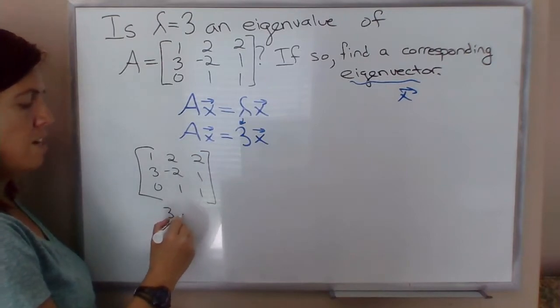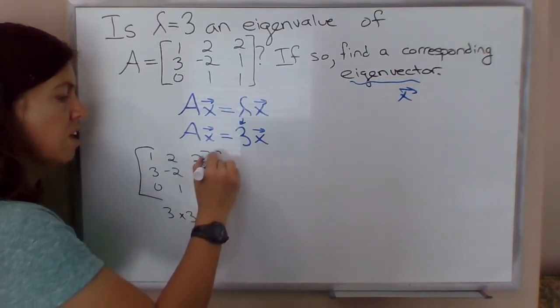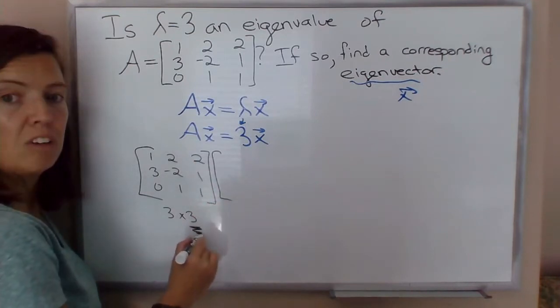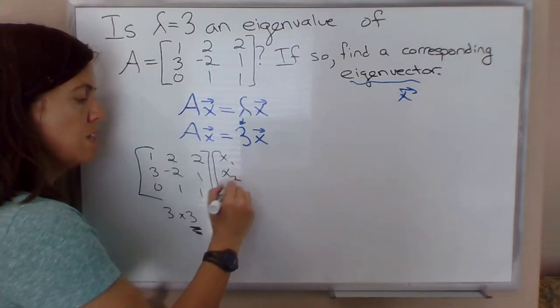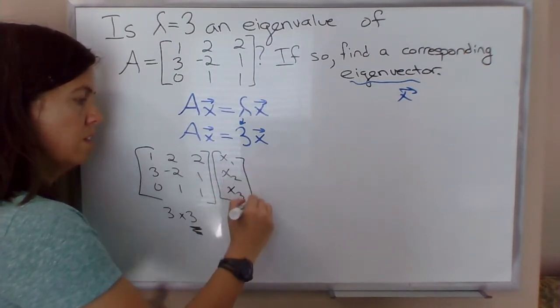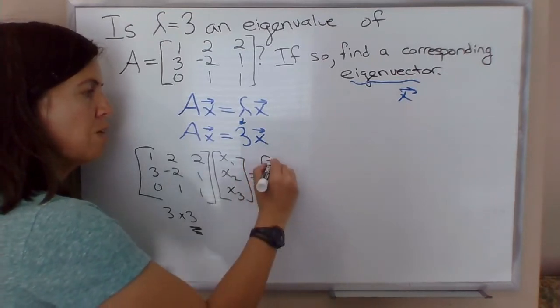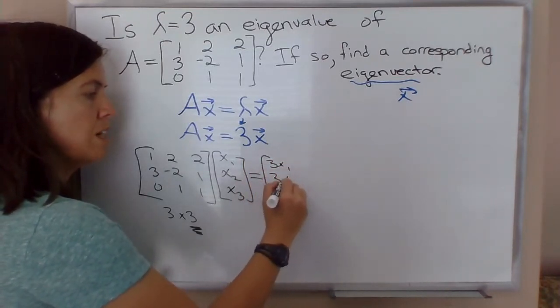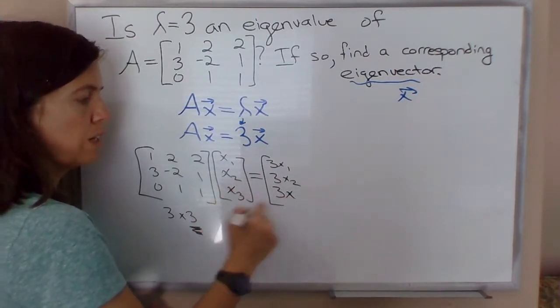If A here is a 3 by 3 matrix, then x is going to have 3 entries because it needs to match this dimension here. So let's call it x1, x2, x3. And we want that to equal 3 times x. So that would be 3x1, 3x2, 3x3. Right? If it's 3 times this vector x right here.